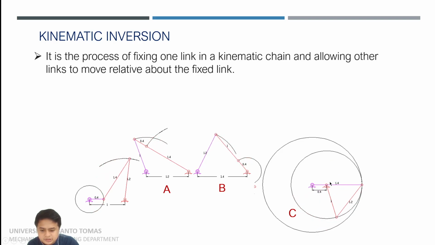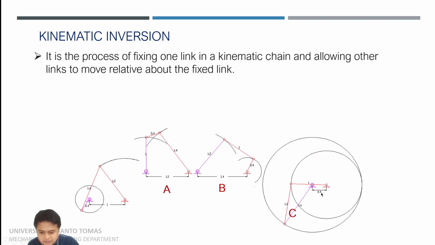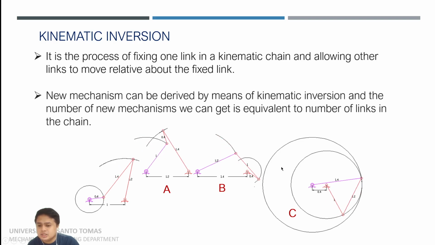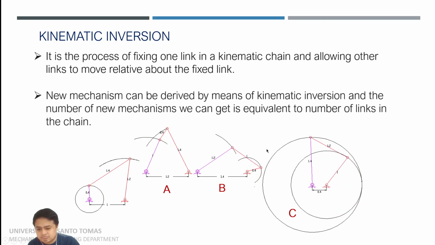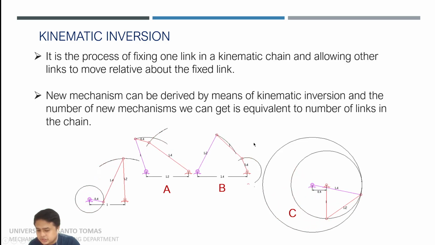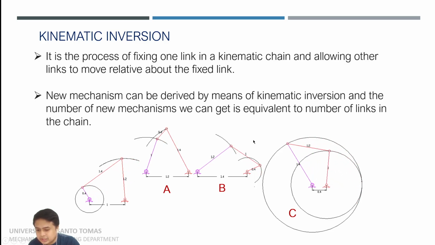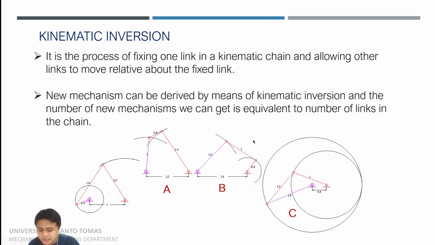If you change this fixed length into the shortest length, as you can see here, it can fully revolve. So again, you can create a different arrangement of a mechanism using your original mechanism, and it's called an inversion. And usually the number of inversions that you can have is actually four, depending on the number of links. So if you have four links, you have four inversions that you can create.